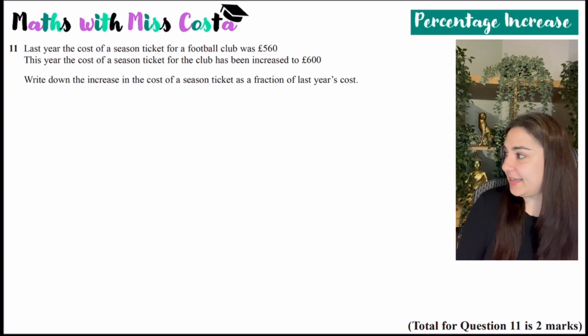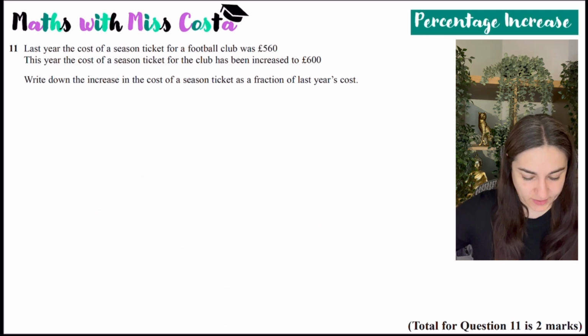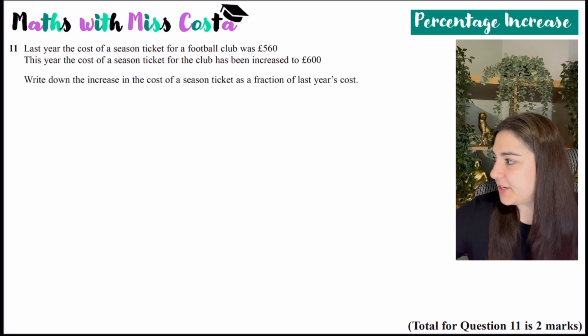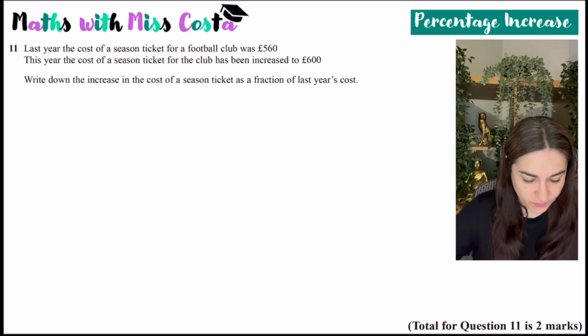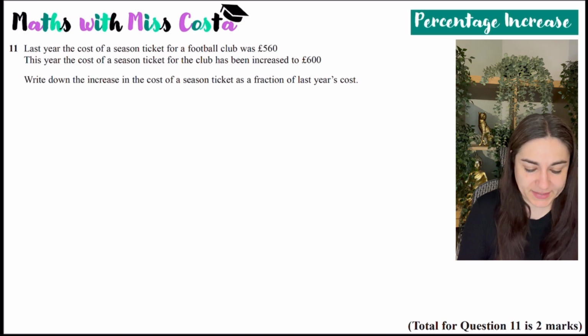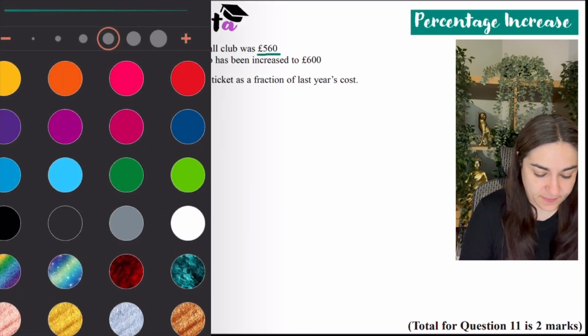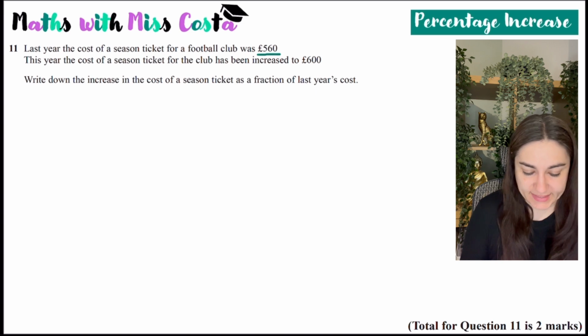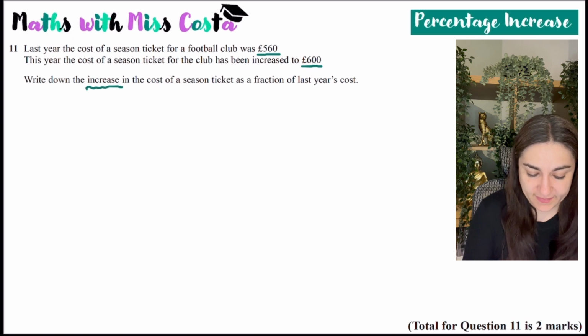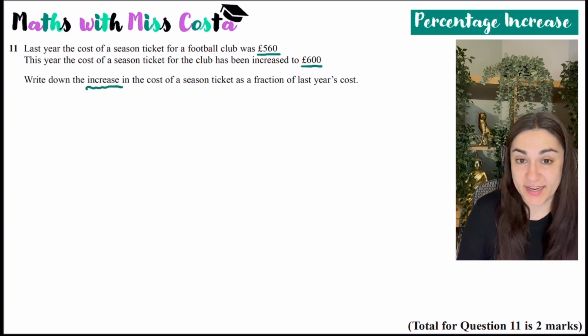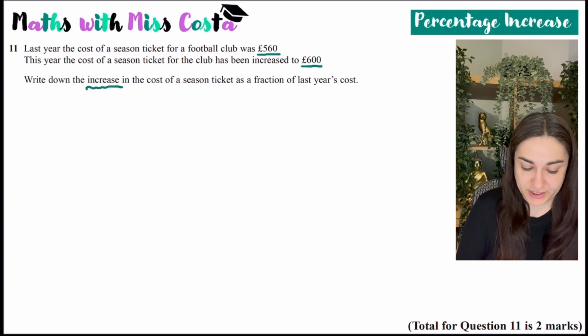Okay, next I have got a question about percentages. So I'm told that last year the cost of a season ticket for a football club was £560. And this year the cost of a season ticket for the club has increased to £600. I need to write down the increase in the cost of a season ticket as a fraction of last year's cost.